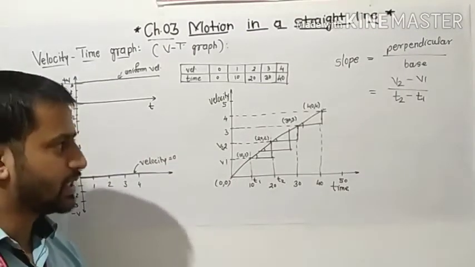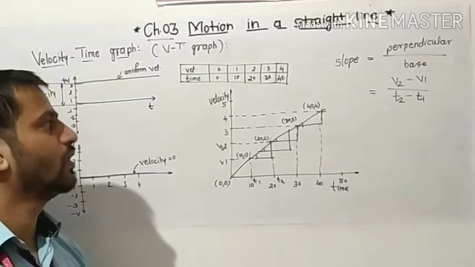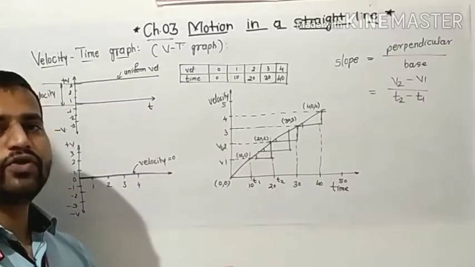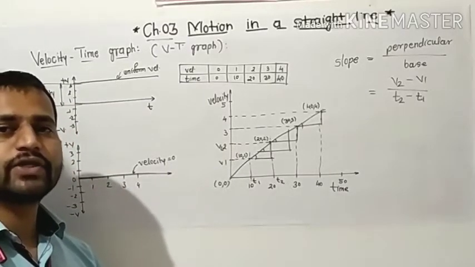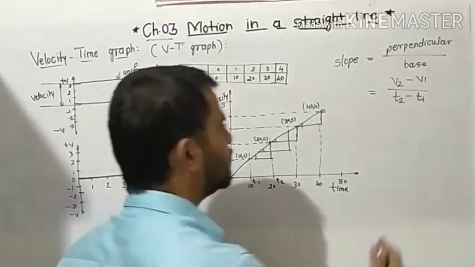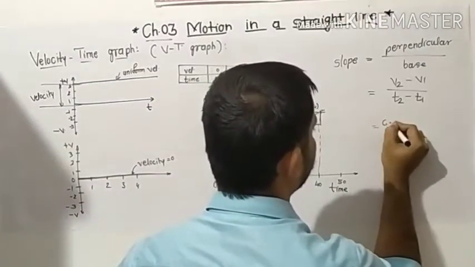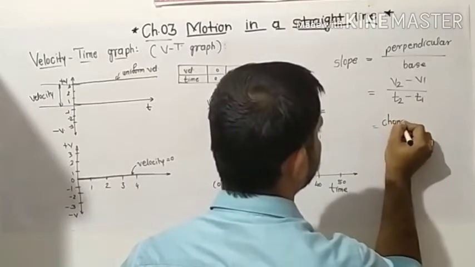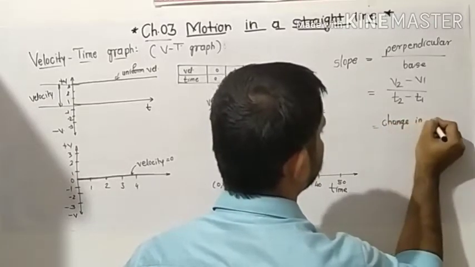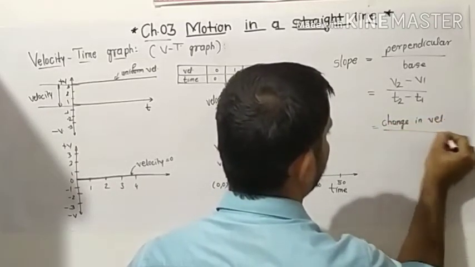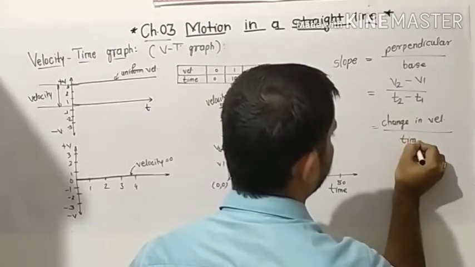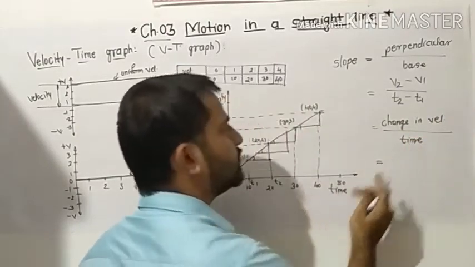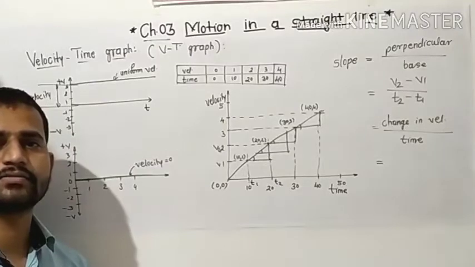So in this case, what is V2 minus V1? It is the change in velocity upon time. What does it indicate?